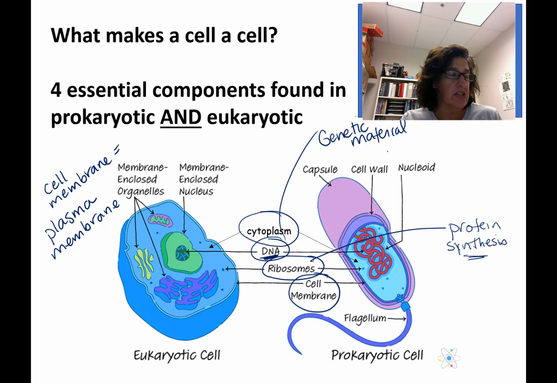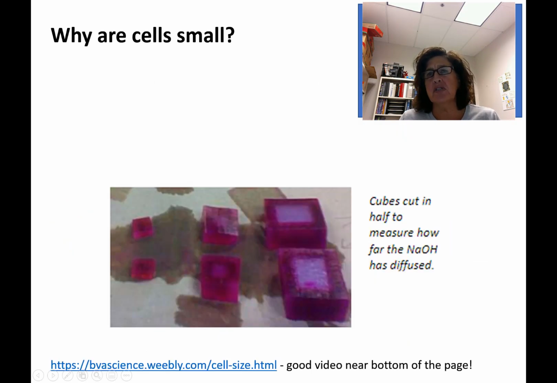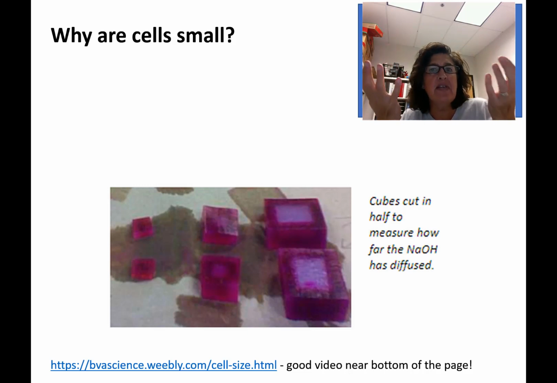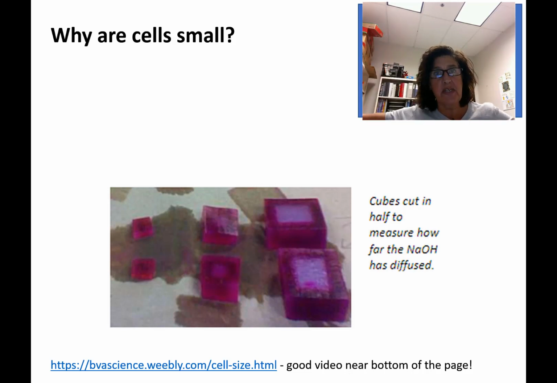Okay, last topic for this video is, why are cells small? So if you compared a little chihuahua to a big elephant, they have the same size cells. Elephants just have more cells because they're a bigger organism.